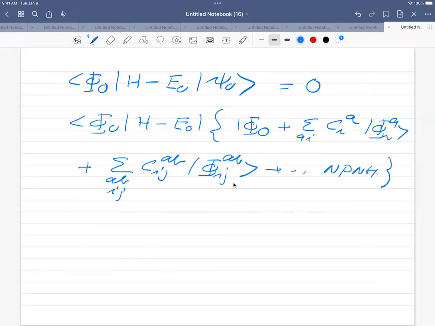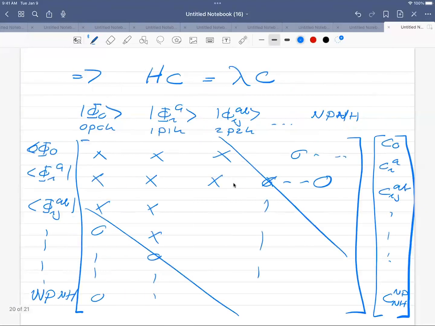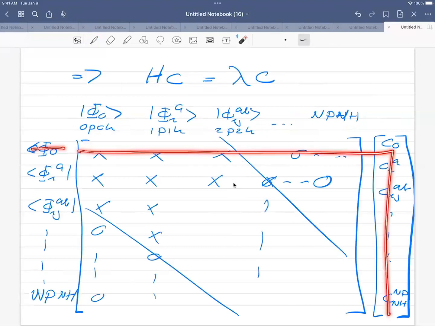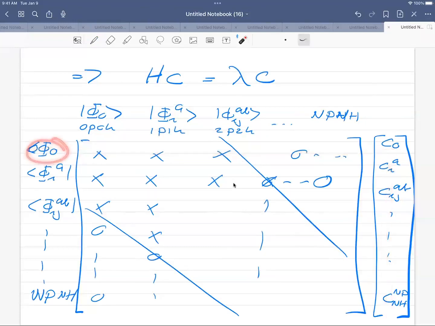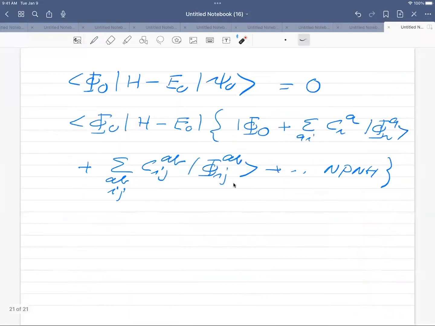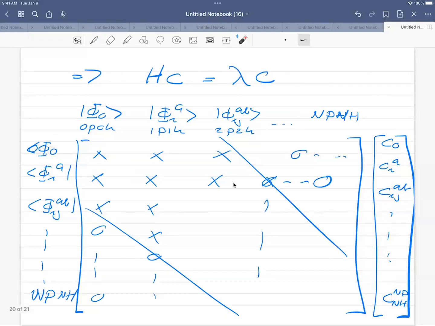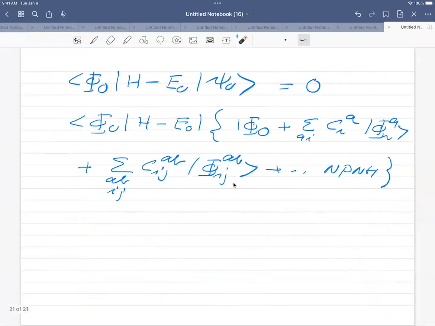So now I'm just taking the first row which you have here, and multiplying everything here with phi 0. And then I'm subtracting what I have on the right-hand side. So I'm subtracting this piece here.